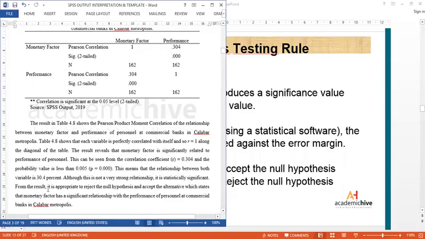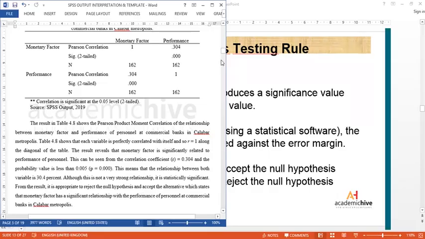From the result, it is appropriate to reject the null hypothesis. Yay, can you see you got it right? You rejected the null hypothesis. Why? Because the significant value was lower than the error margin. So because of that, he rejected the null hypothesis and accepted the alternative.